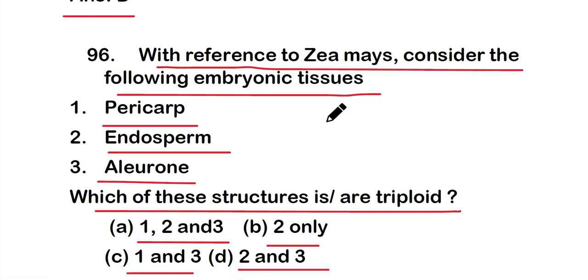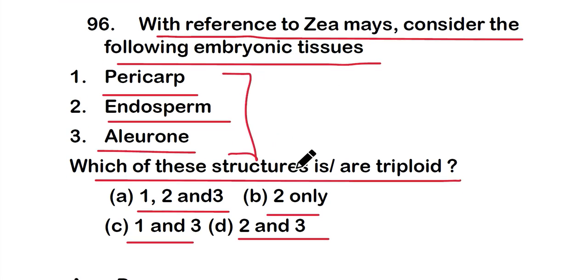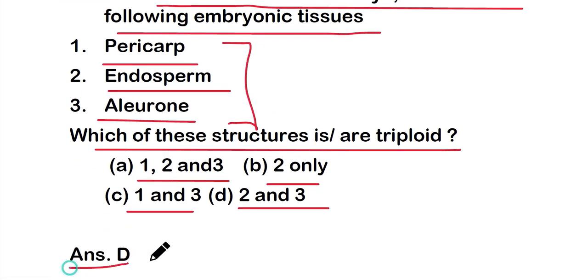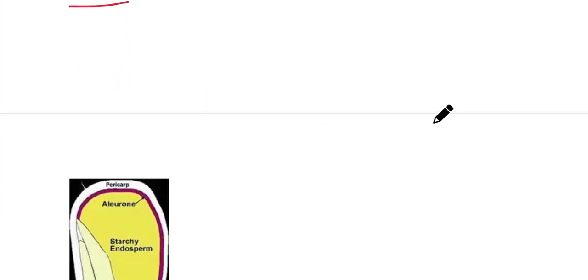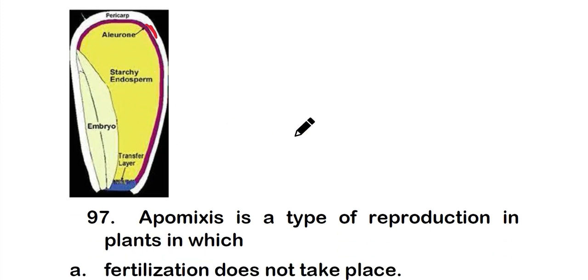So which structure among these is triploid? And the right answer is option D, that is 2 and 3, that is endosperm and aleurone are the triploid structures. Okay, here you can see this is the aleurone layer, this is the embryo, this is the starchy endosperm. Okay, this portion is the endosperm.